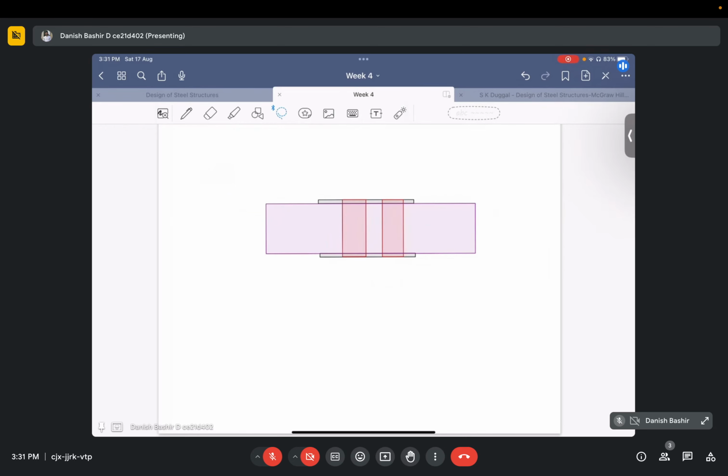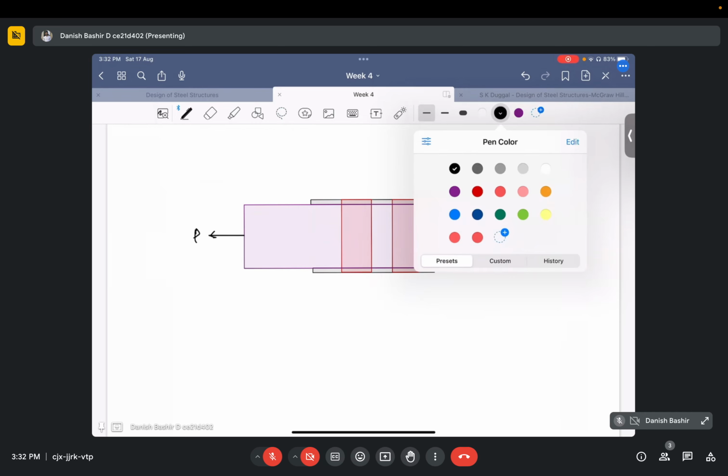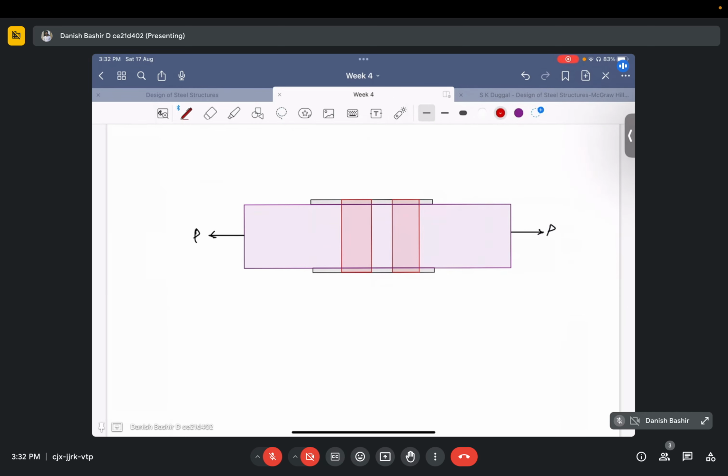This is the pull P acting on this member from this side, and this is a pull P acting on this member from this side. And obviously we have the bolt heads at the top and the bottom. I forgot to make them.